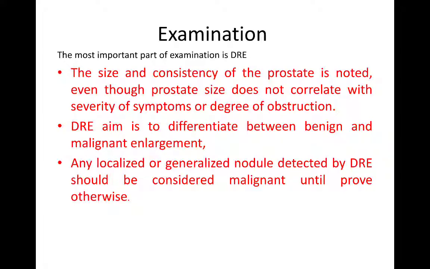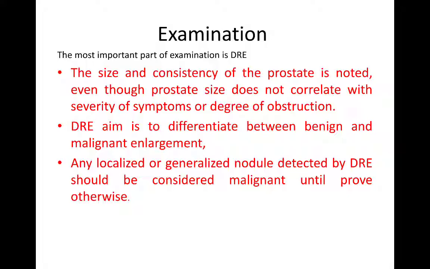So the most important part of the digital rectal examination is to give an idea about the differentiation between benign and malignant enlargement of the prostate. The size and consistency of the prostate gland is noted. We should get an idea about the size: is it normal, is it enlarged?